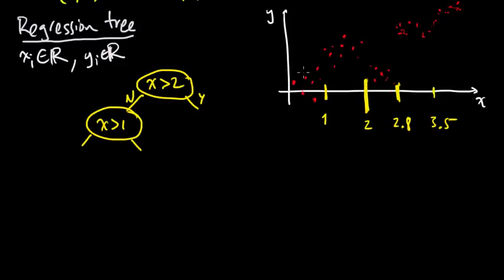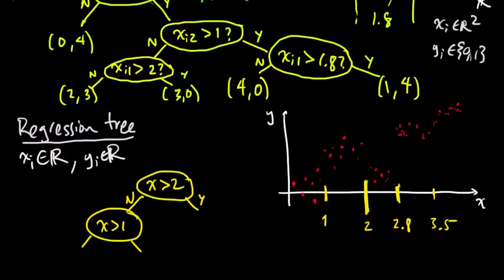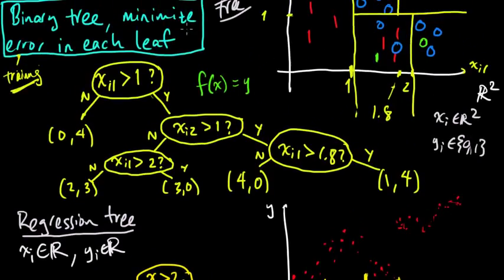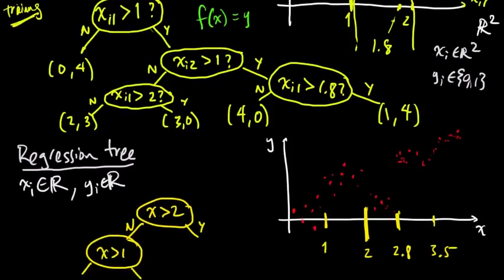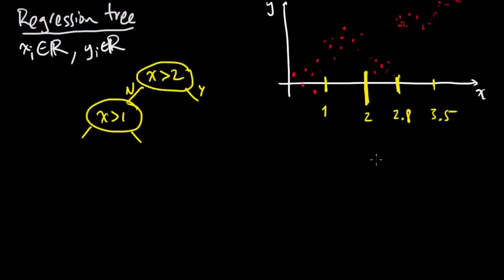Here we have all these points, and remember before we counted the number of each class in each leaf, but we can't do that because we don't have classes. We just have these real valued numbers. But our general strategy is to minimize the error in each leaf. So let's choose some error: the error that we will use is the squared error.